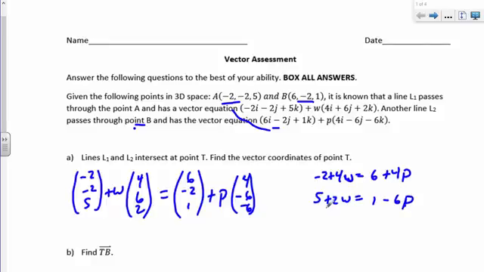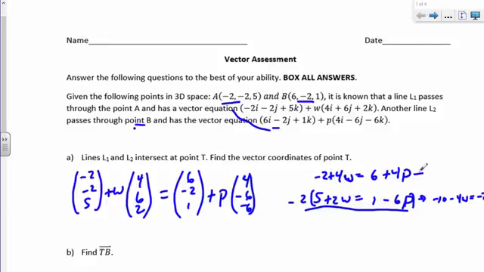You can solve this by hand if you like, or you can use a calculator very quickly. Really doesn't matter. I'm going to try to solve for W and P by hand here. I'm going to multiply this bottom equation by -2, and this is going to give me -10 minus 4W is equal to -2 plus 12P.